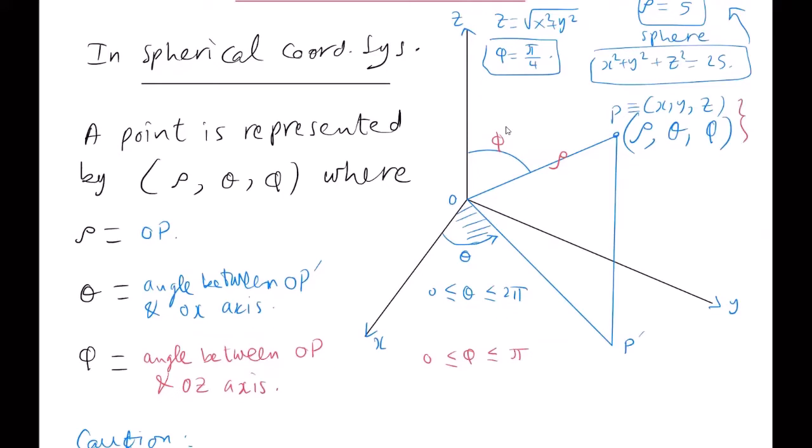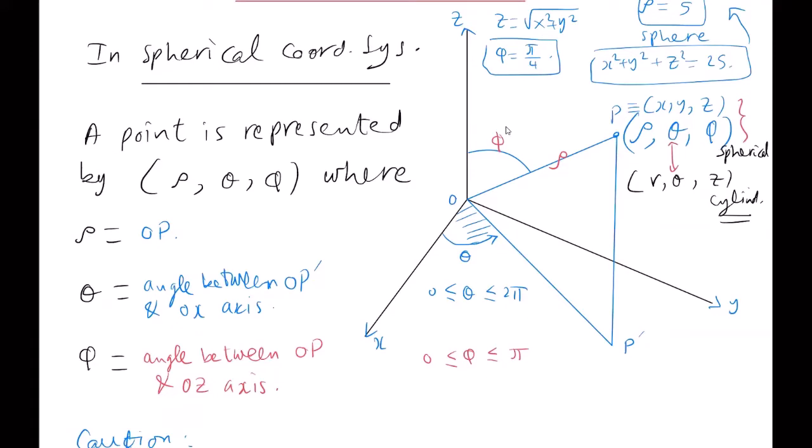This is spherical. We also have r, theta, and z in cylindrical coordinates. Theta is the same theta. What is the relation between r and rho and the other coordinates?